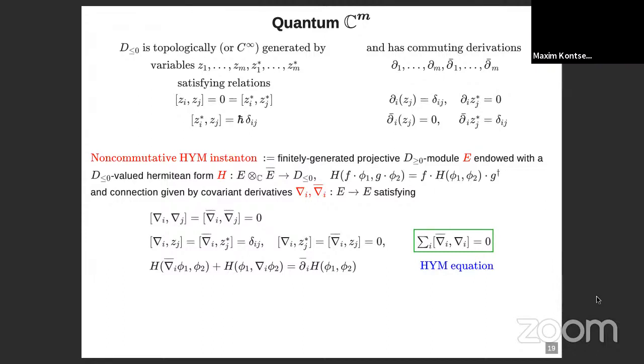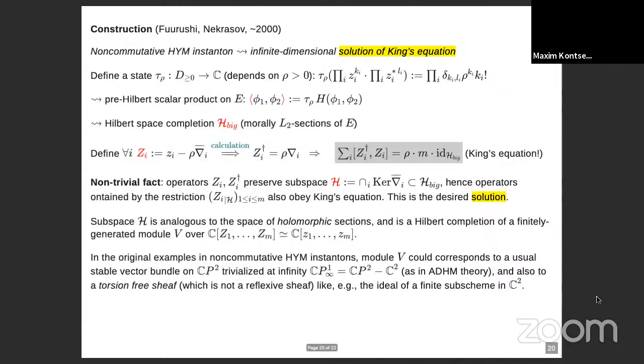And this one equation in green is the Hermitian equation. So you get this huge data. Let's go to page 20.